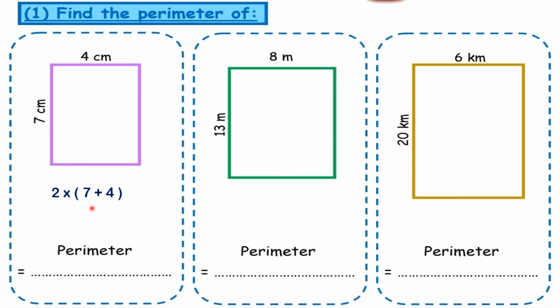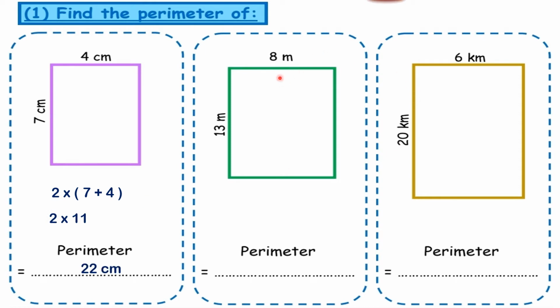Okay? I can distribute it or just add 7 to 4 if it's easy for me. For me, it's easy to add rather than distribute it. So 7 plus 4 is 11. So it's 2 by 11. It will give you 22 centimeters.